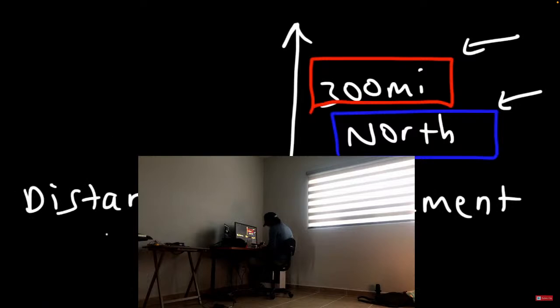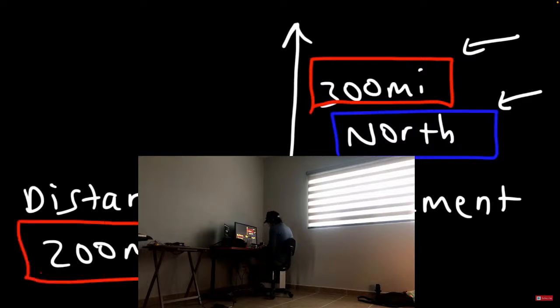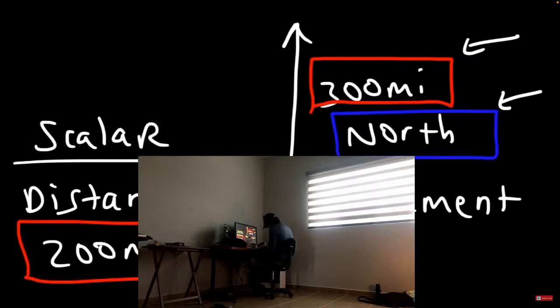It only has magnitude, such as 200 miles, without any direction. So make sure you understand the difference between a scalar quantity and a vector quantity. A scalar quantity, as we said before, has magnitude only, but a vector quantity has magnitude and direction.